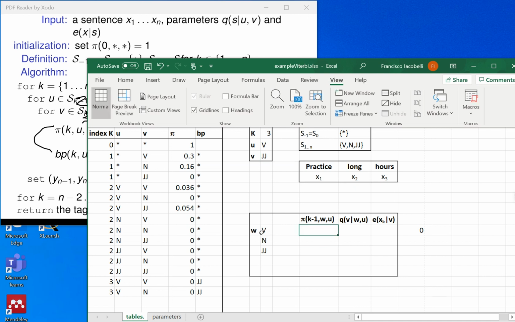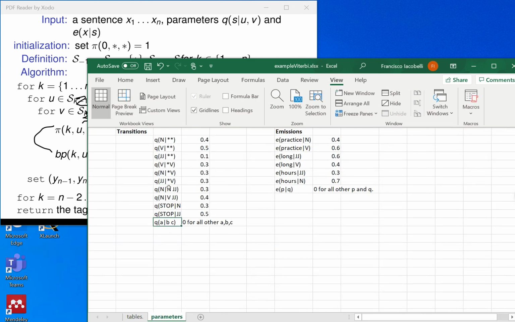And we again iterate over W. So V, right? So what's the pi of 2VV, 0.036, right? So 0.036. Q of V, which is JJ, given W, U. Well, JJ with VV, we look in the parameters. JJ with VV is not here.